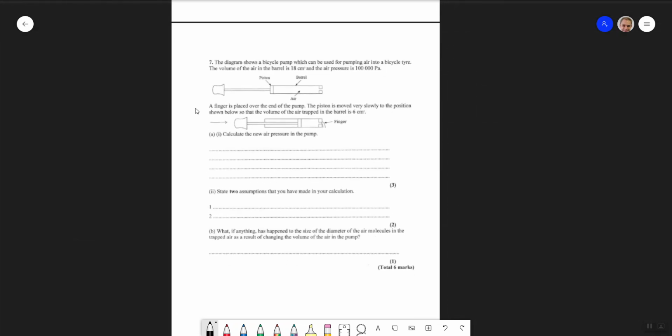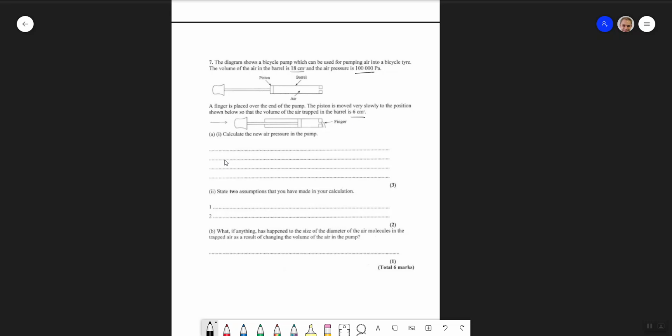The diagram shows a bicycle pump, which can be used for pumping air into a bicycle tire. The volume of the air is 18 centimeters cubed. Pressure is 100,000 pascals. The piston is pushed in, so we get to 6. Calculate the new air pressure. So we've got V1, P1, we've got V2.